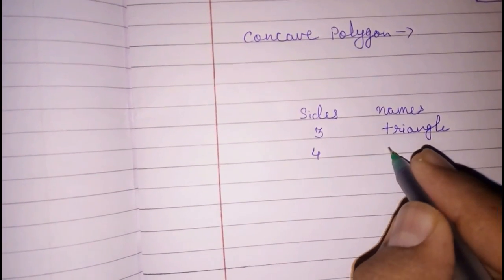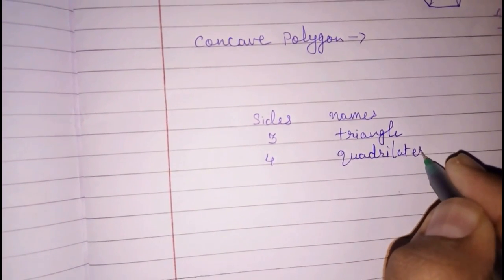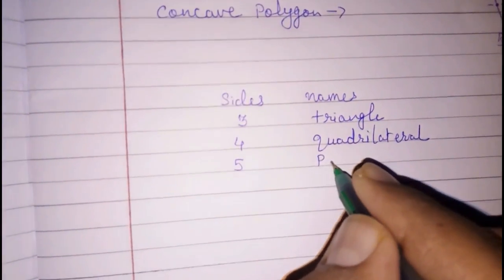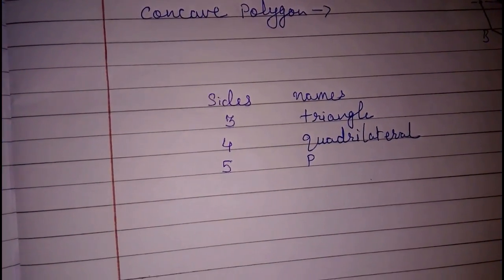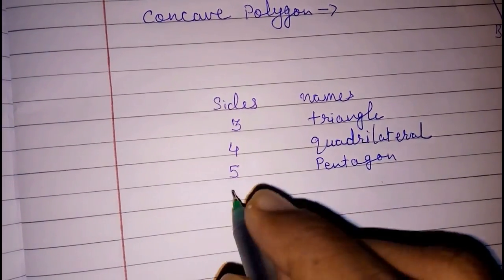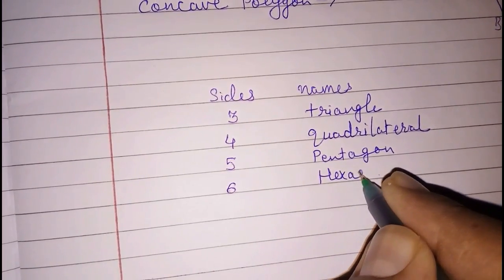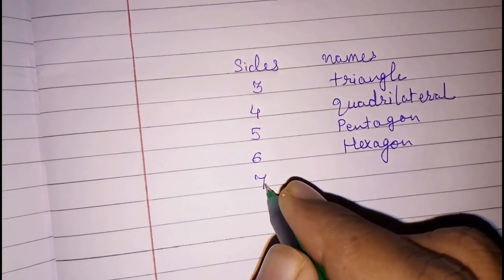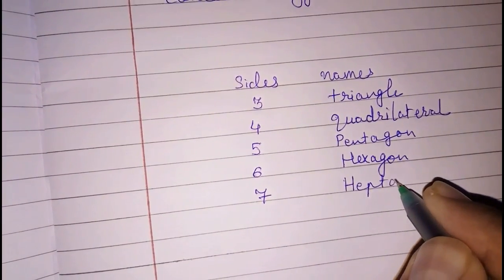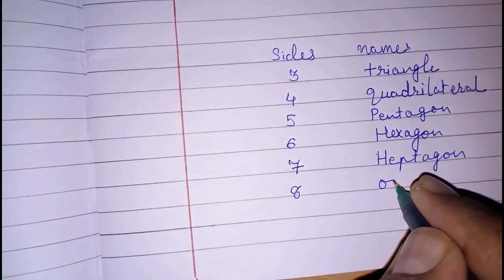If 4 sides, then we call it a quadrilateral. 5 sides, pentagon. 6 sides, hexagon. 7 sides, heptagon. 8 sides, octagon.